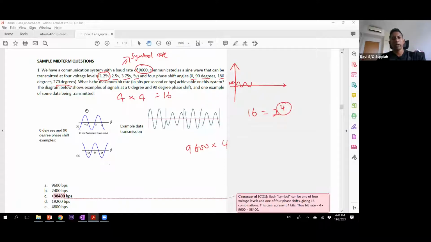So if you have 15 different representations that you want to represent, you still need a minimum of 4 bits of info per symbol to represent those 15 different types of signals. So you need to look at the minimum number of bits you need in order to represent the number of symbols you have.